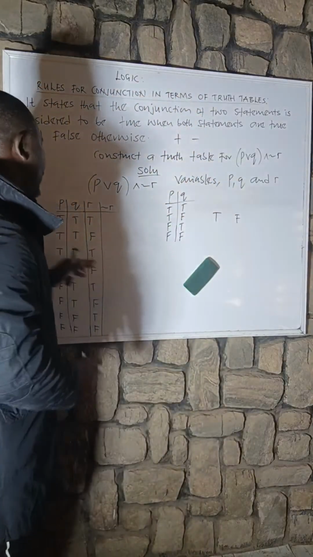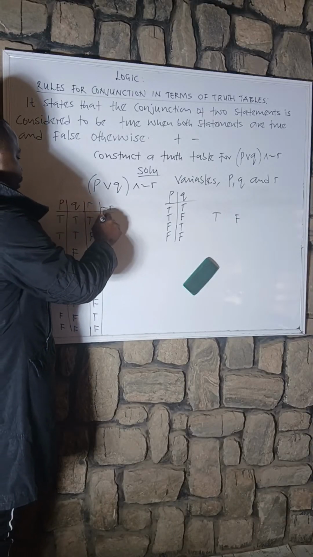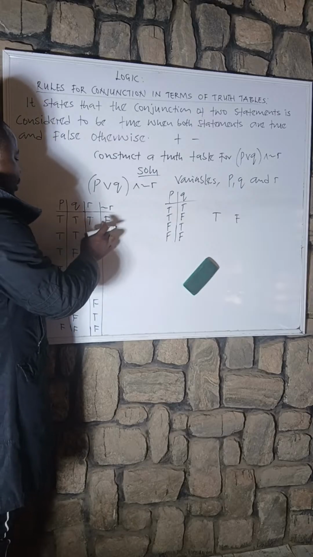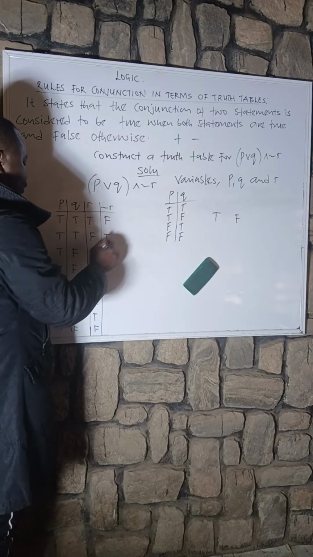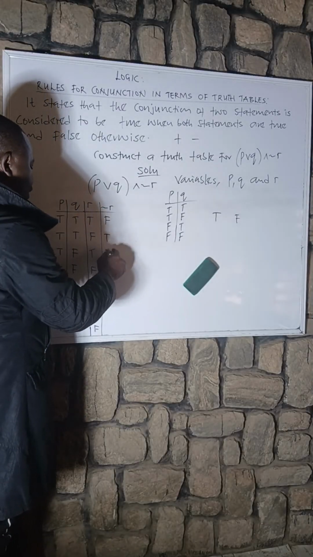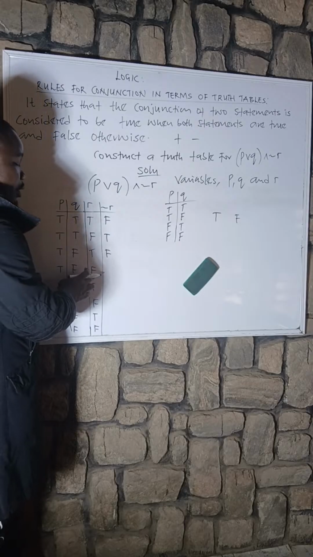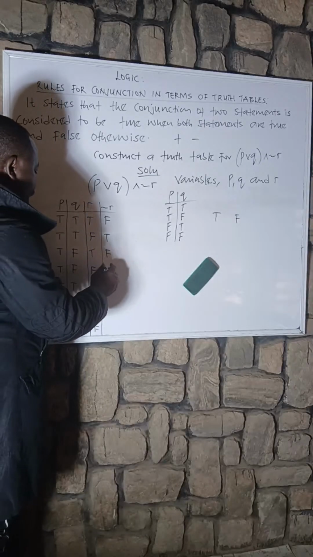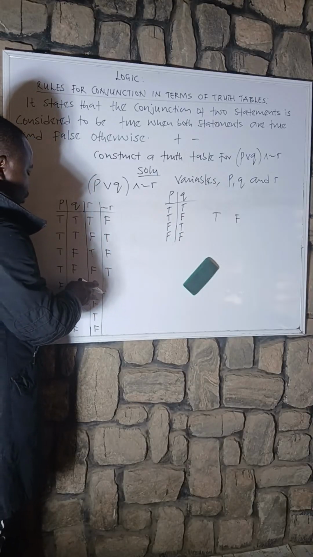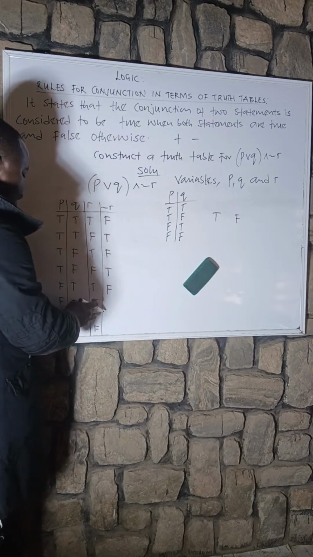False. So here, R is true, so negation of R will be false. Here, R is false, negation R will now be true. Here, R is true, negation R will now be false. Here, R is false, negation R will be true. Here, R is true, negation R will be false.